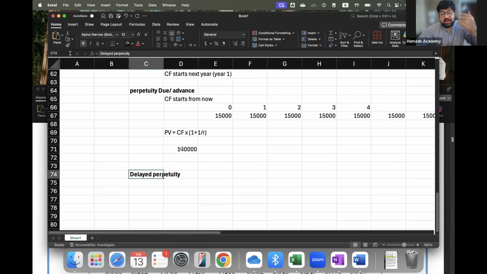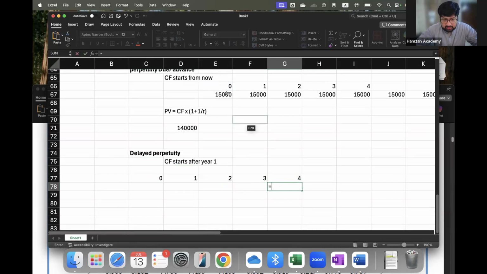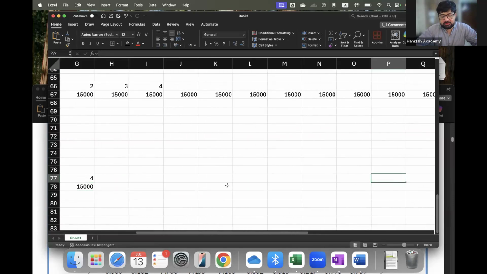Delayed perpetuity, deferred perpetuity, where cash flow starts after year one, from after next year. So, for example, this is a timeline. We say cash flow is starting from year 4, and you will be getting the same in the foreseeable future.